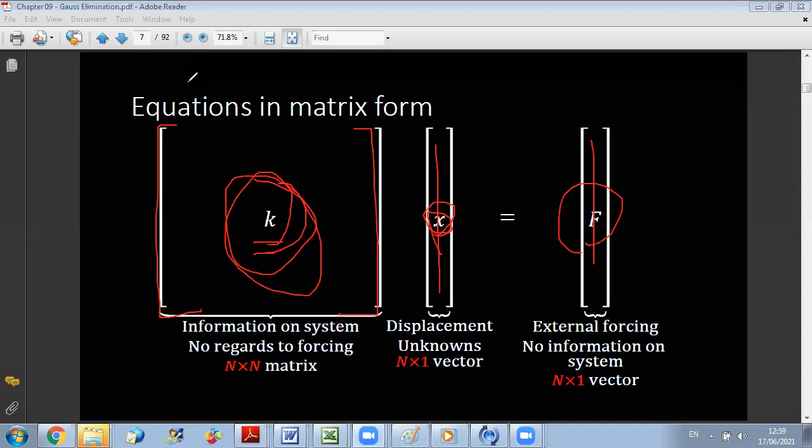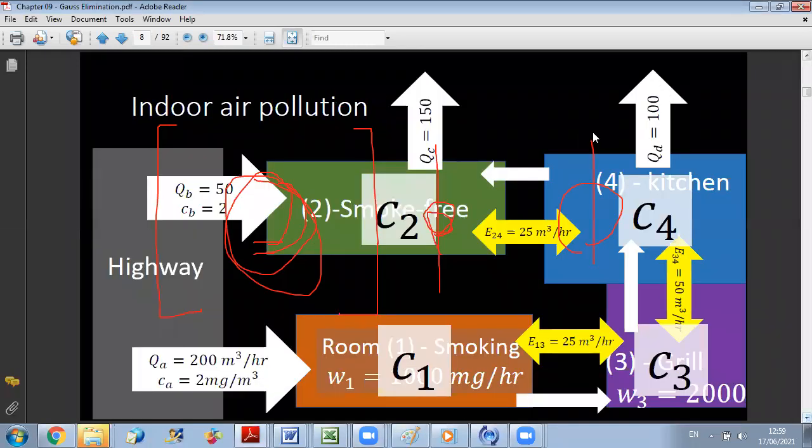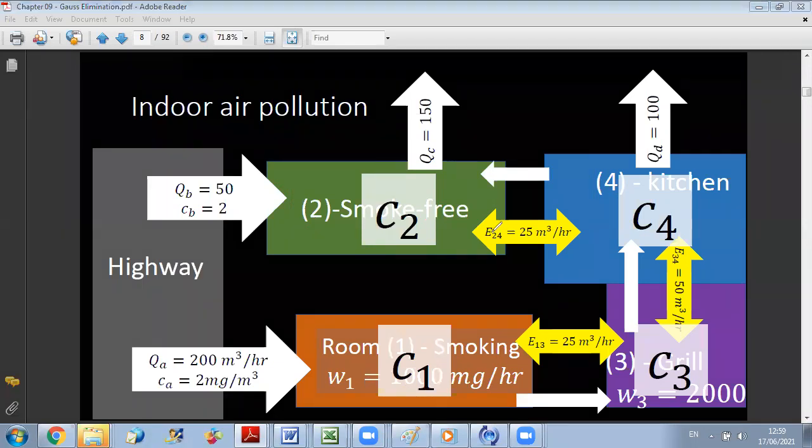If we take another example, another field, let's say you have a space where you have several zones connected to each other, and you want to determine the concentration of a certain species inside these zones. This can be considered as an indoor air quality application or chemical engineering application. So here the stiffness will be replaced by the exchange between zones.